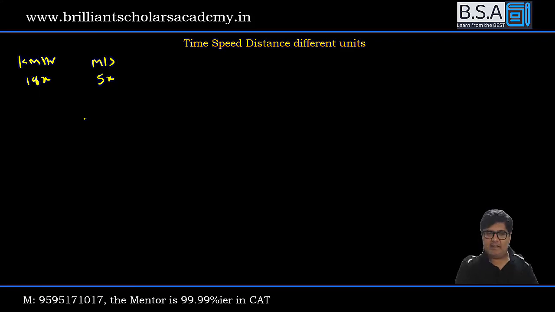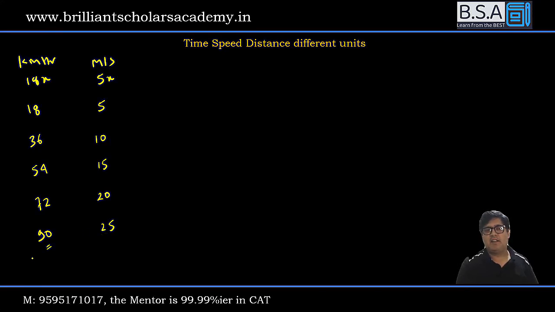What that means is 18 kilometers per hour is equal to 5 meters per second. 36 kilometers per hour is equal to 10 meters per second. 54 kilometers per hour is 15 meters per second. 72 kilometers per hour is 20 meters per second. 90 kilometers per hour is 25 meters per second.